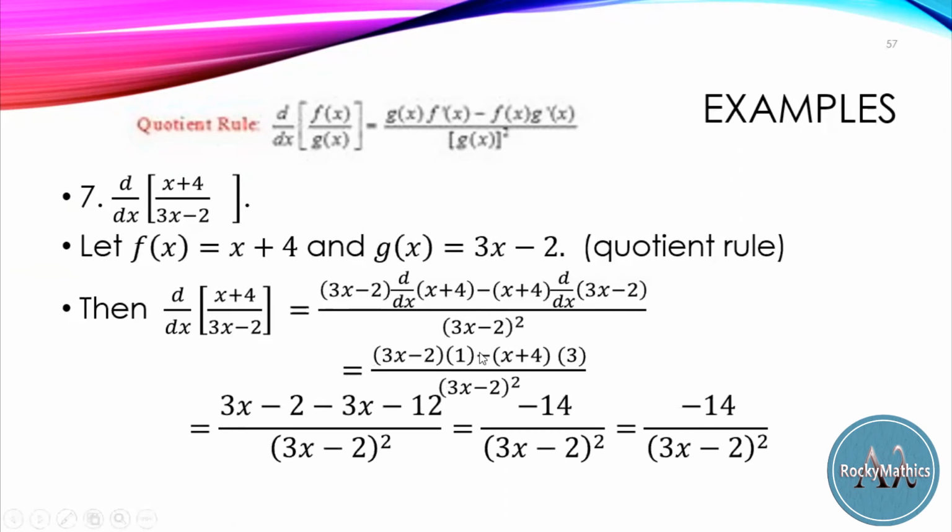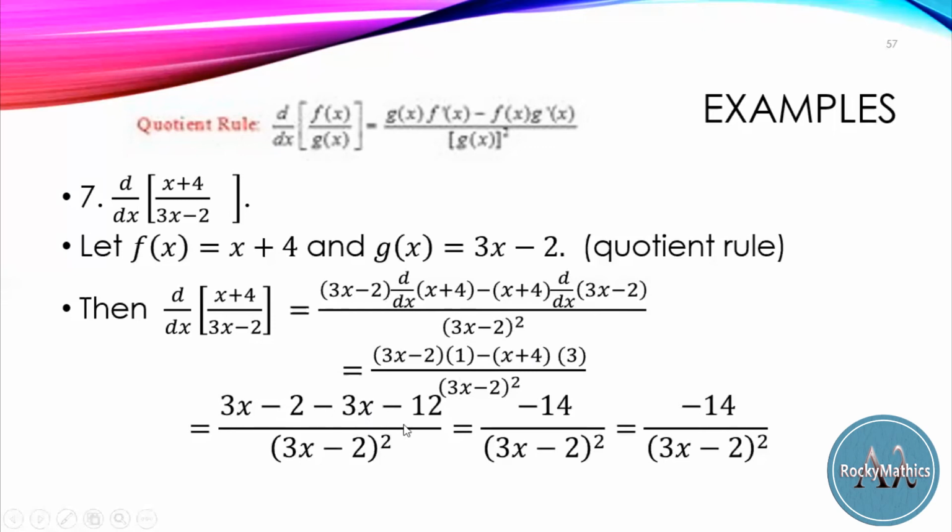Then simplifying the expression, we have 3x times 1 is 3x, minus 2 times 1 is minus 2, x times 3 is 3x, times the negative, we have negative 3x, 4 times 3 is 12 times negative is minus 12. Then simplifying the whole expression, 3x minus 3x is 0, so this will be cancelled out.